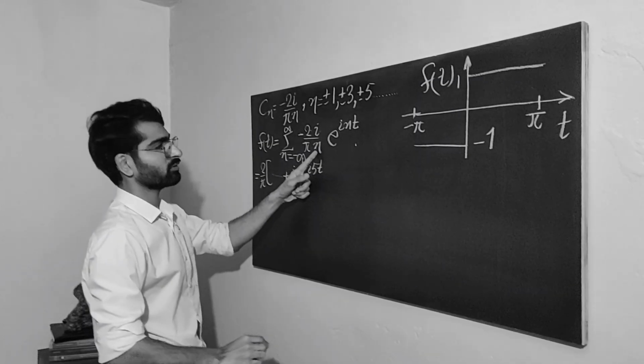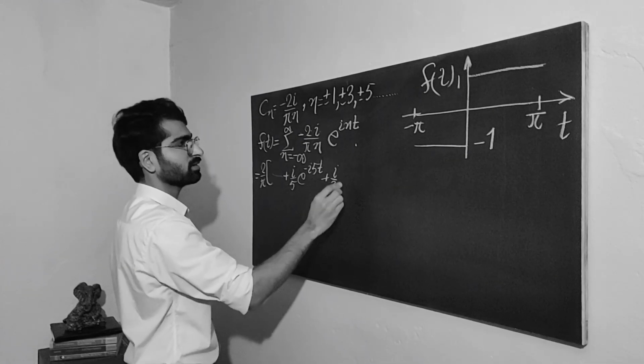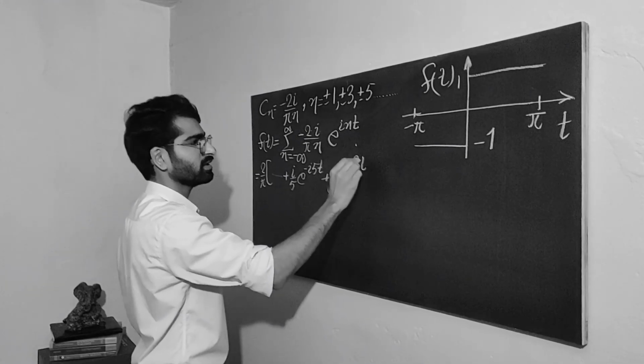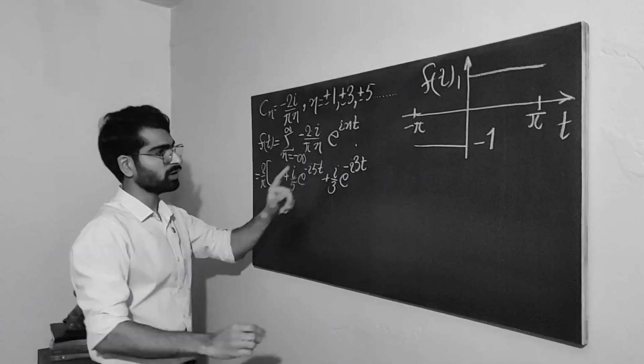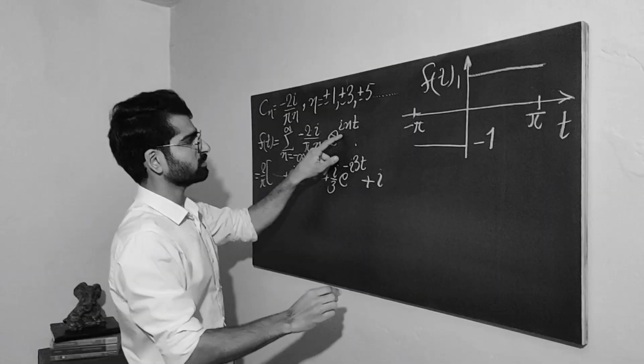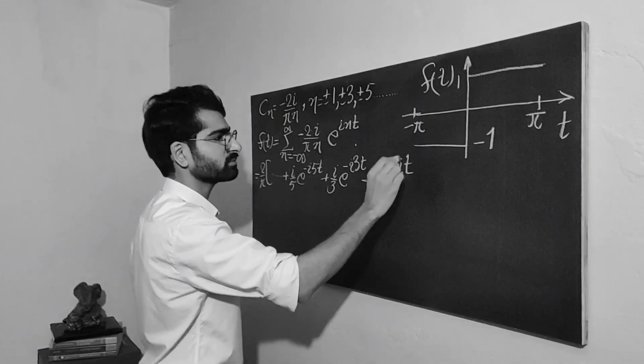When I take n equals minus 3, I get i over 3 times e to the minus i 3t. N equals minus 1, I get plus i times e to the minus i t.